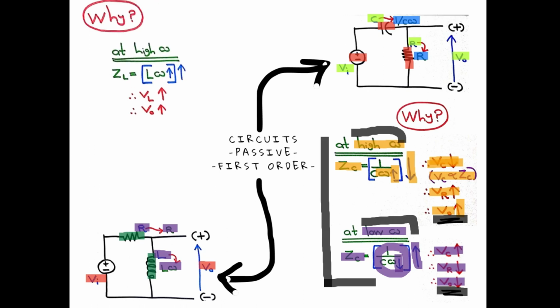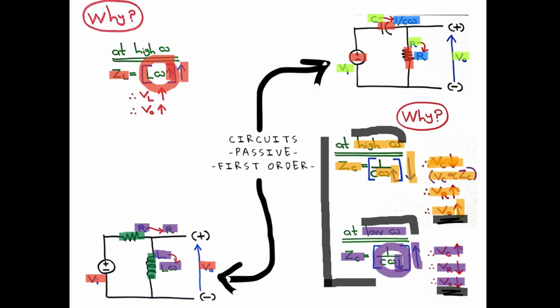As before, at high omega, here we are directly focusing on the impedance of the inductor, because the impedance of the inductor is frequency dependent. Okay? Right. So when omega is high, this whole term is high.